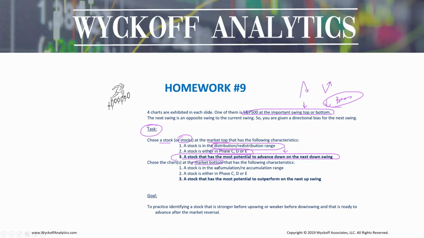You want to define the stocks that are in the accumulation or reaccumulation range, that will be in phases C, D, or E, and whose comparative analysis suggests that they're going to outperform on the next move up when the market resumes its swing. That's the whole task. Let's look at this.